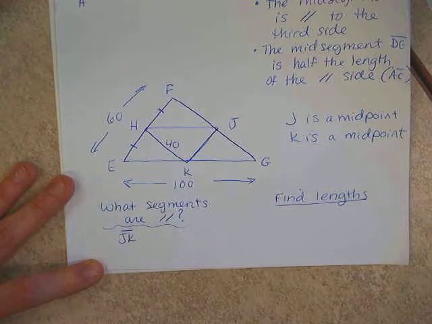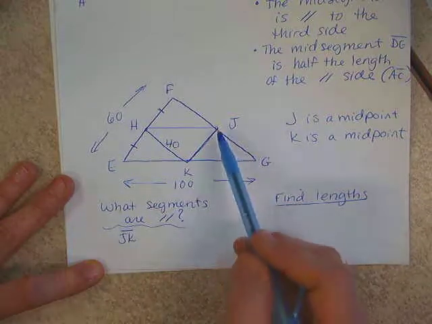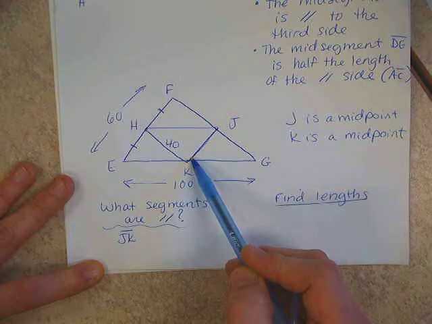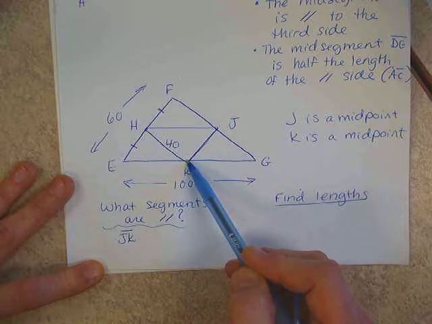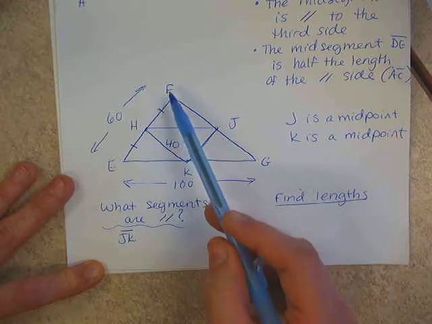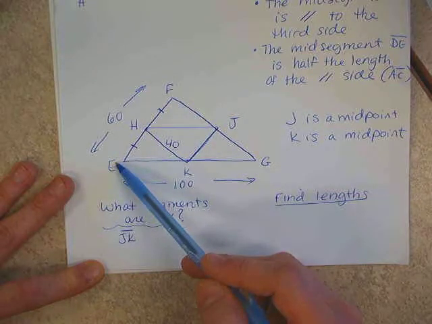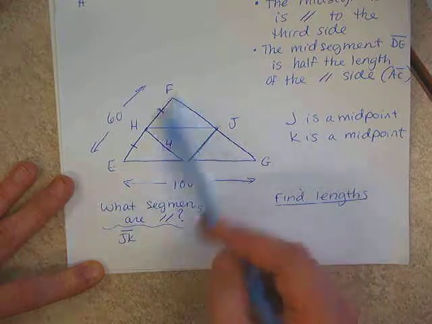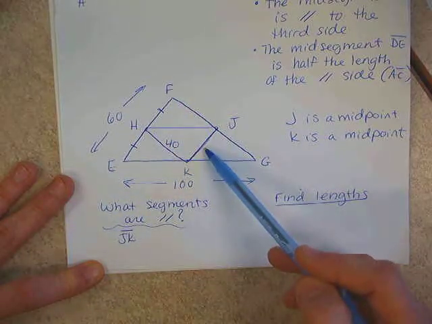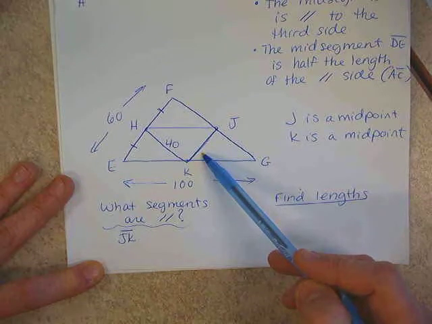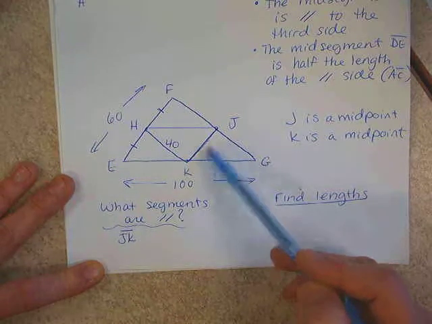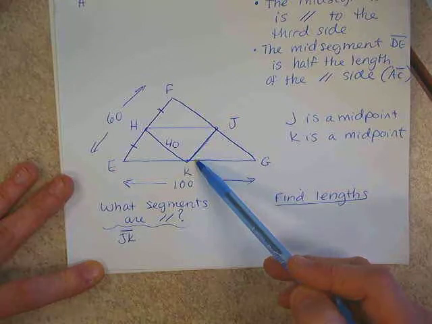So let's start with JK. All right, what segment would be parallel to JK based on the theorem? HK. So JK and FE or FH, they're part of the same line. Okay, so this segment would be parallel to that one.